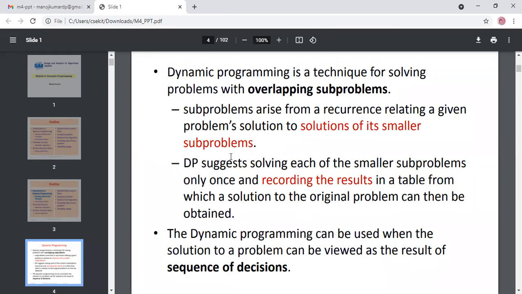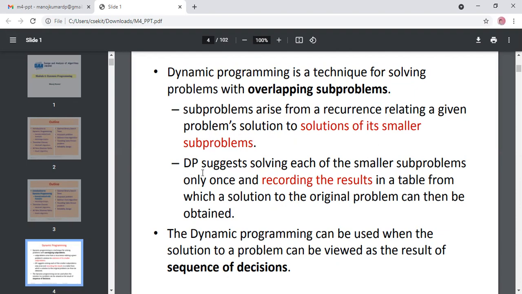A recurrence relation can be expressed using the formula T(n) = aT(n/b) + C(n). Subproblems arise from a recurrence relating a given subproblem's solution to the solution of its smaller subproblems.